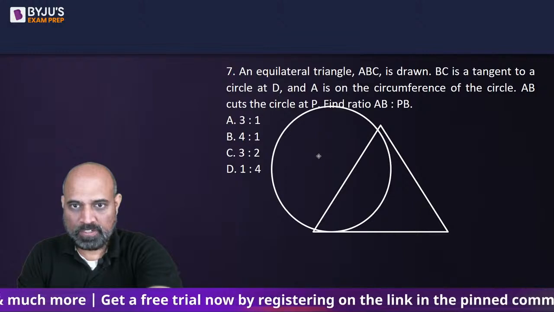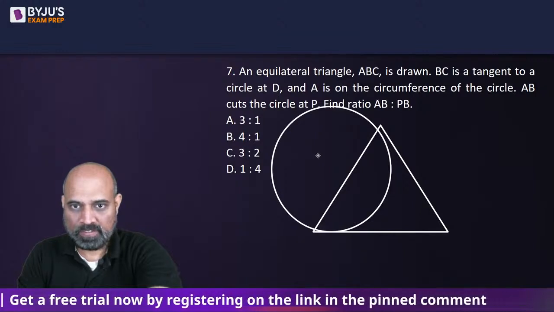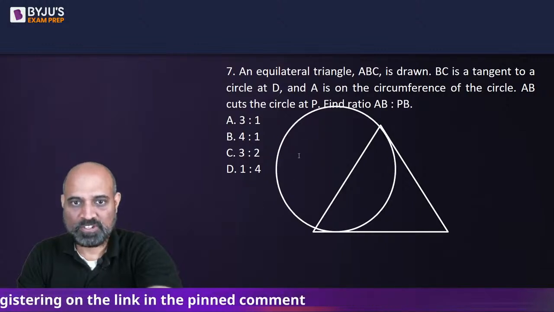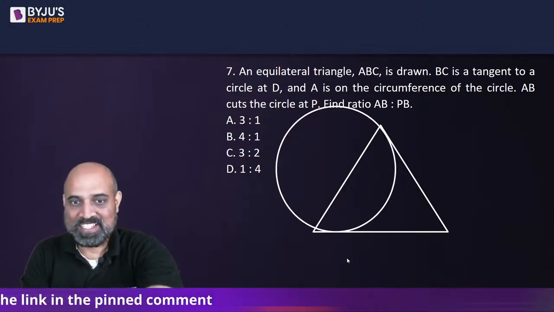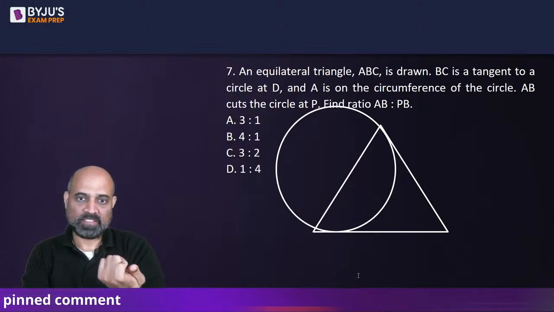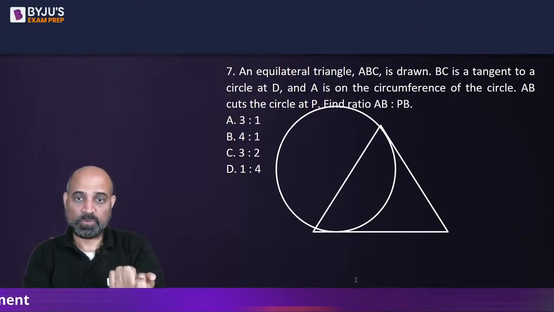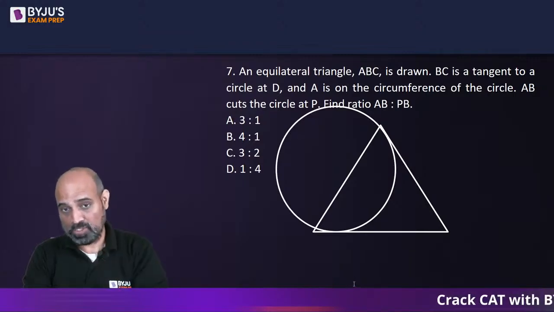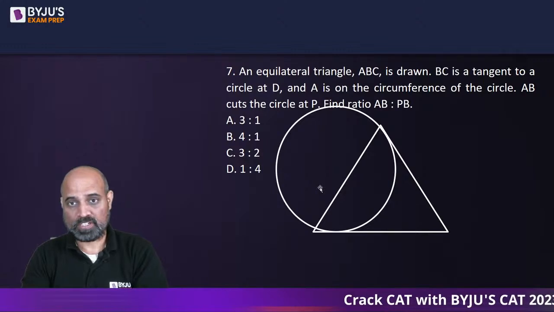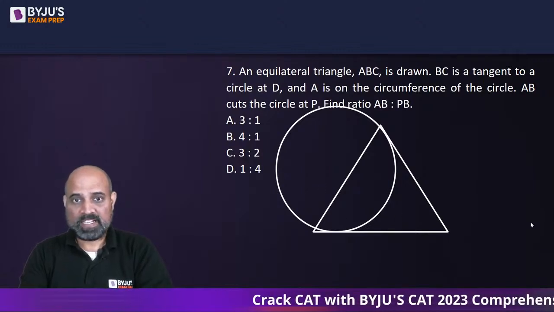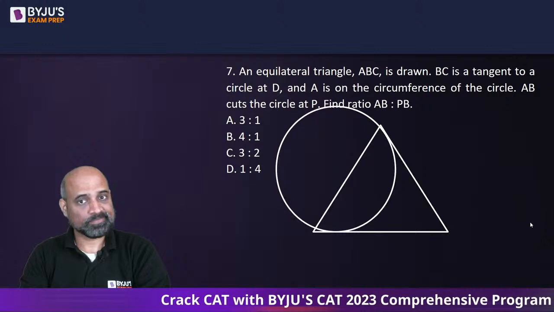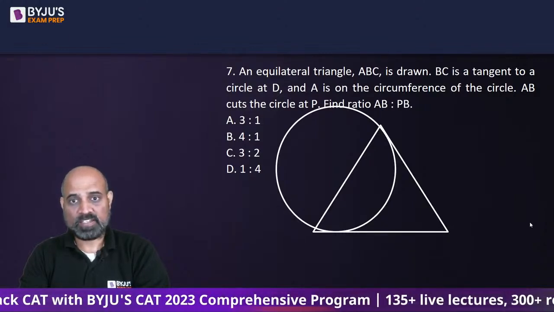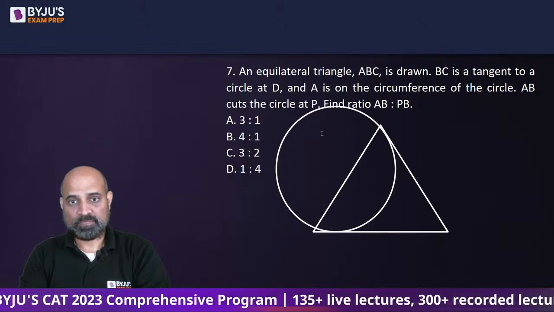Doesn't look very good, because the ratio looks off. It's not 4:1. You can see that the bottom length is minute, which is going to be PB, while that length is going to be AB, which is huge. So none of the ratios work. BC is a tangent to a circle at D, and A is on the circumference of the circle. AB cuts the circle at P.